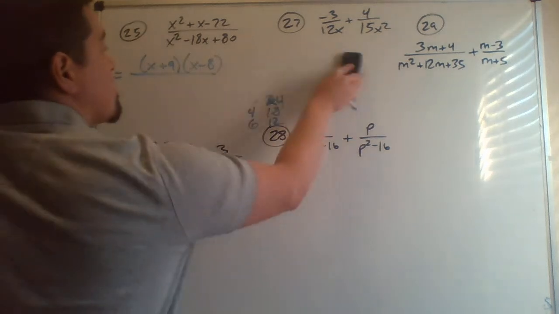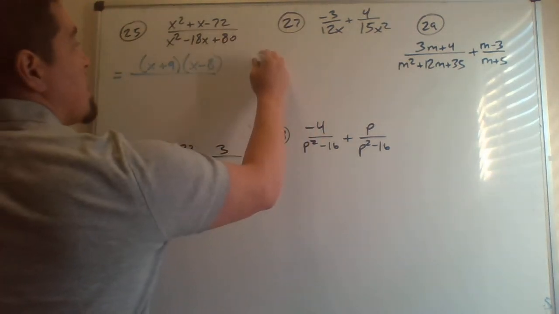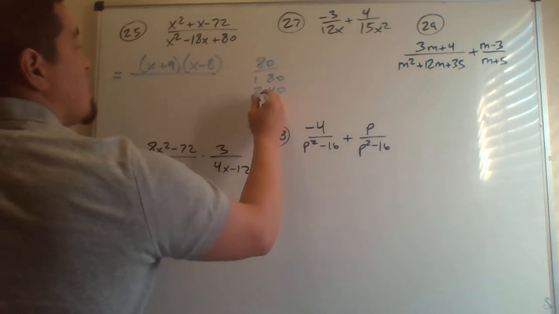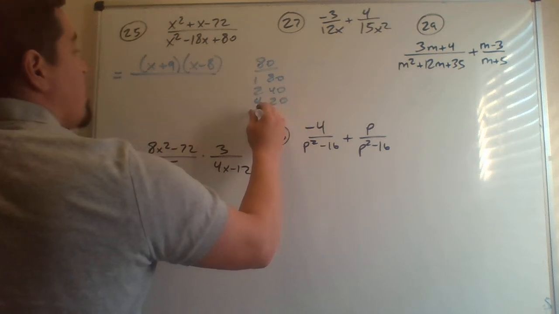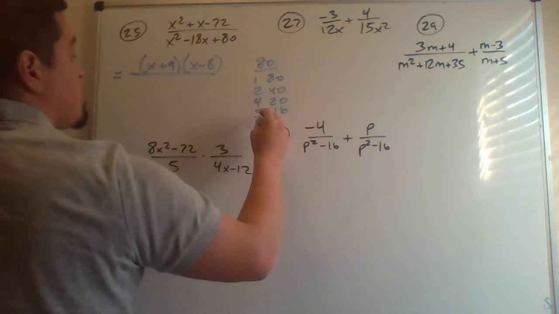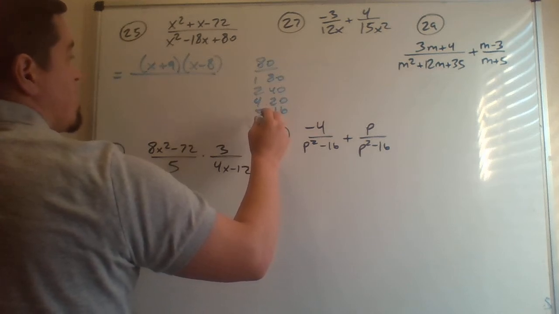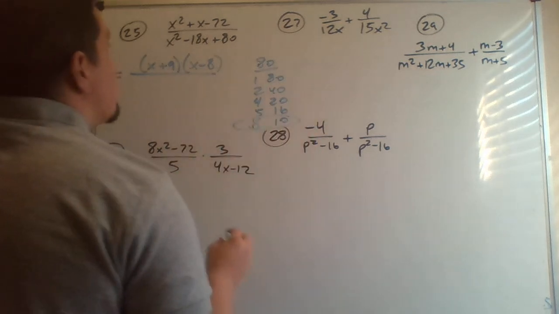I'm going to erase this for space. Now I'm going to do the same thing for the bottom. I want factors of 80. So 1 and 80, 2 and 40, 4 and 20, 5 and 16, and 8 and 10, which will be the one.